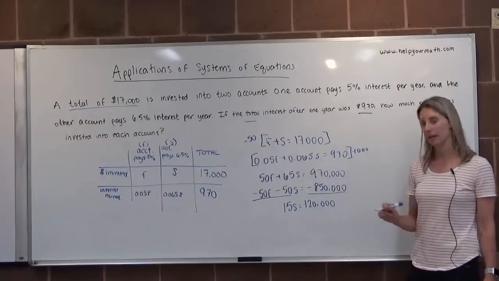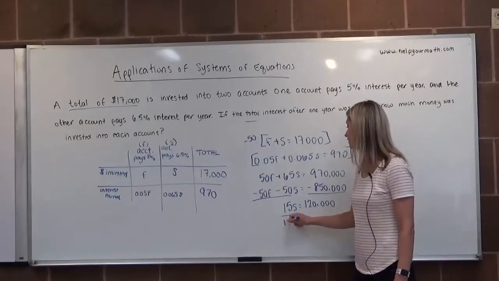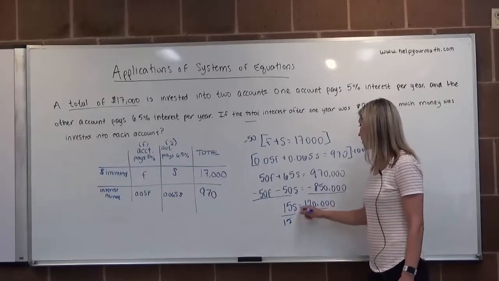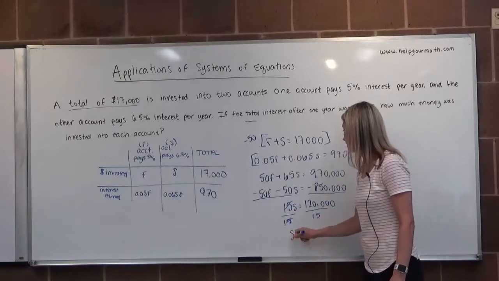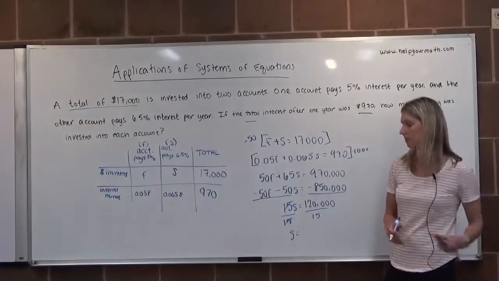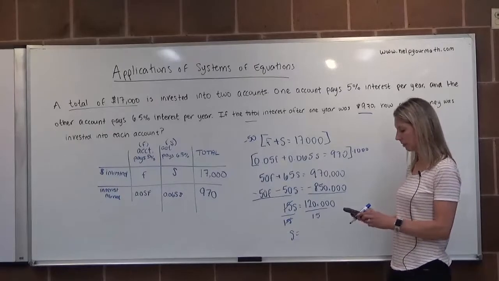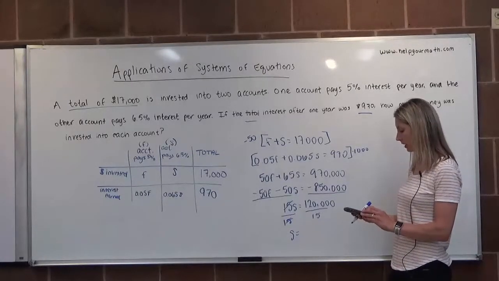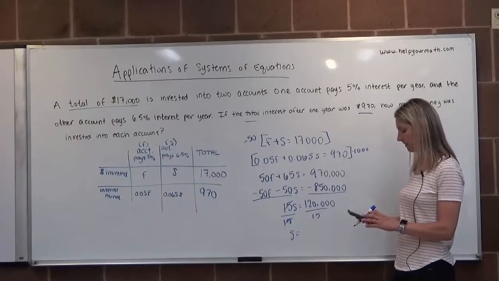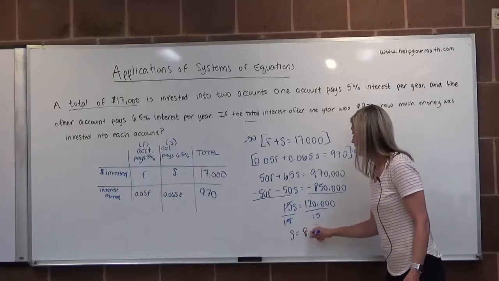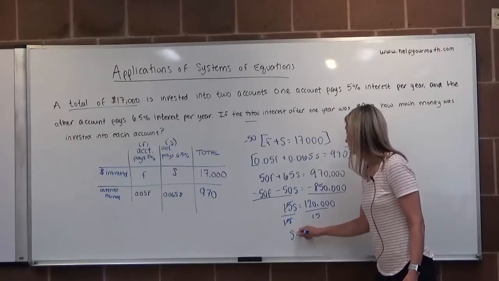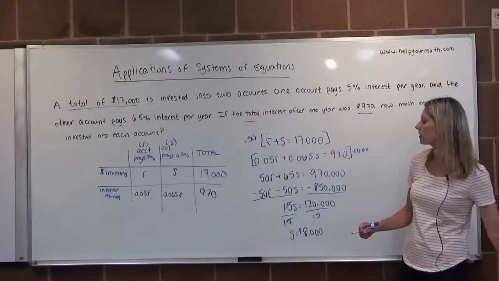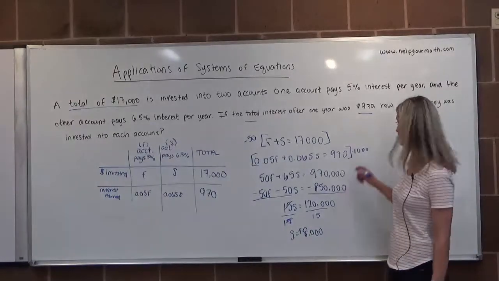Now we want to get s by itself. Let's divide both sides by 15. And we end up with s equals, brain's not working, but calculator works. So we're going to do 120,000 divided by 15, and I end up with 8,000. So what this means is that there was $8,000 invested in the account that pays 6%.